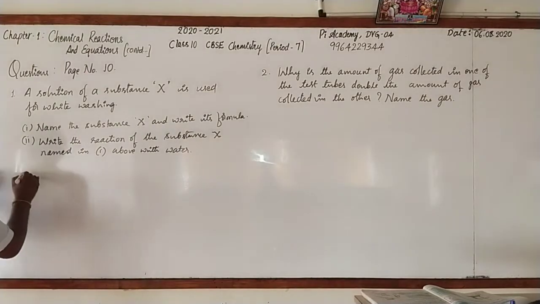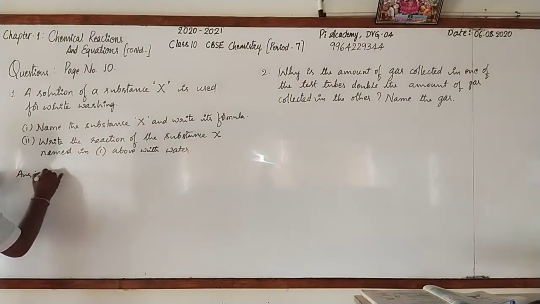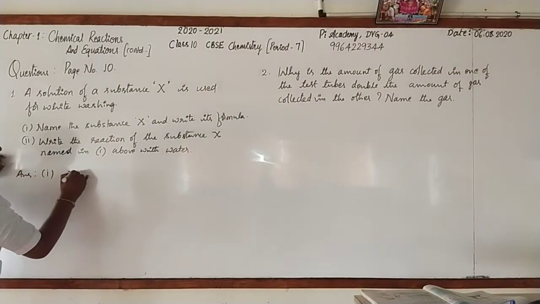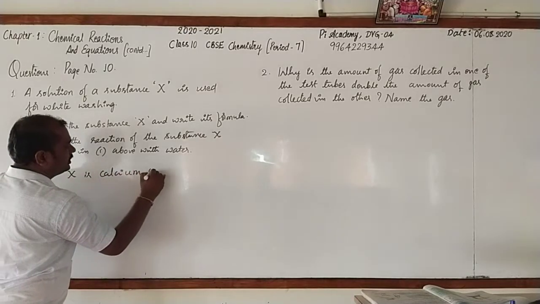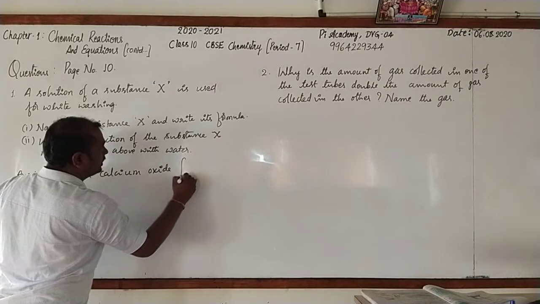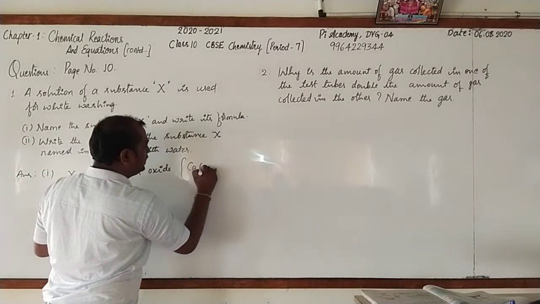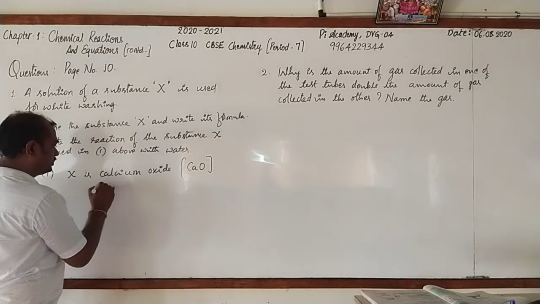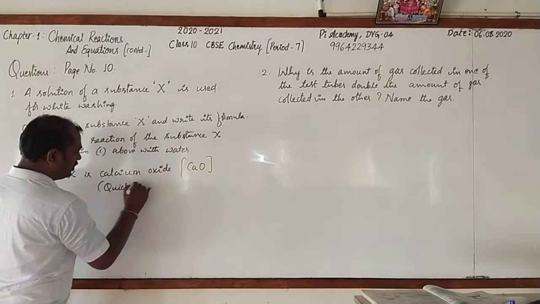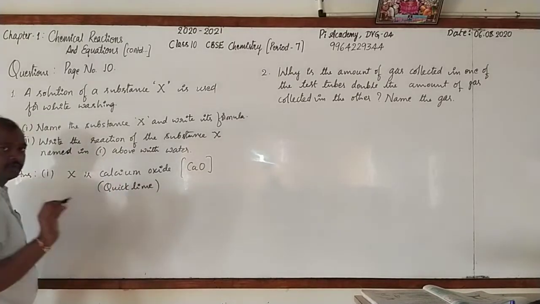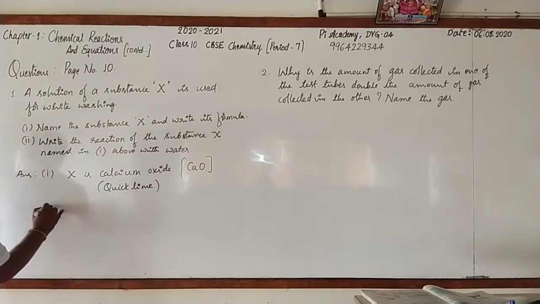Hence, we can write the answer for the first one as X is calcium oxide, and its chemical formula is CaO. And we also know that calcium oxide is also called quicklime. Clear?